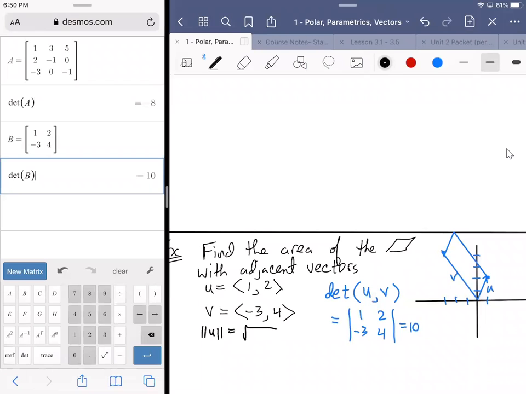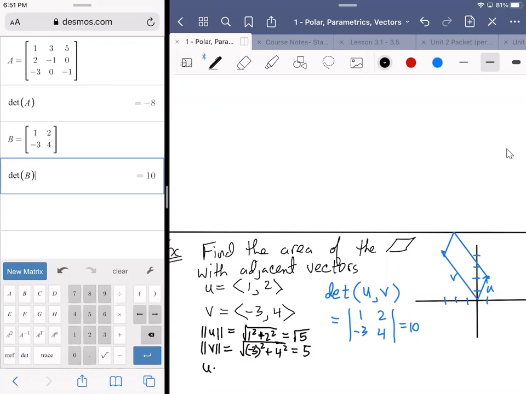which is the square root of 1 squared plus 2 squared. So rad 5. Magnitude of V: 3 squared plus 4 squared. That makes a 3, 4, 5 right triangle. So we're talking about 5 as a result here.